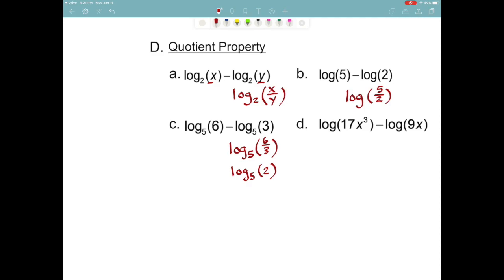Last one, log of 17x to the third minus log of 9x. This would simplify to log of 17x to the third over 9x, which would simplify down to log of 17x squared over 9. Any questions on these ones? Mark it, see me in class, we can discuss it there.